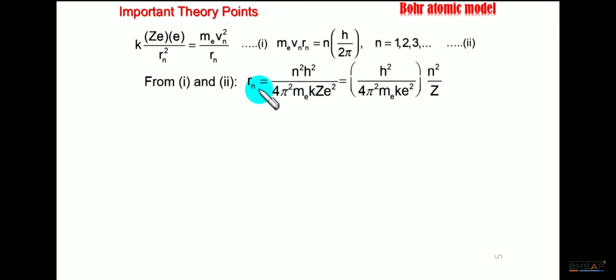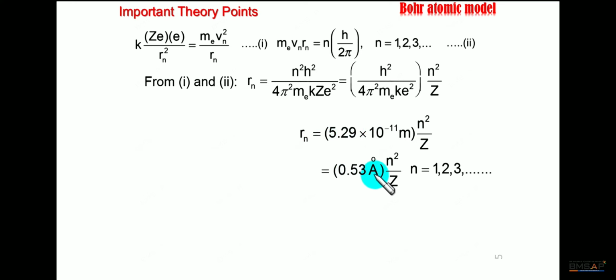That means Rn is proportional to n square divided by Z. If we calculate this value after substituting the values of pi, me, k and e, we get Rn equal to 5.29 times 10 to the power minus 11 meter times n square divided by Z. We can write this in angstrom: Rn equal to 0.53 angstrom times n square divided by Z, where n is 1, 2, 3 and so on.